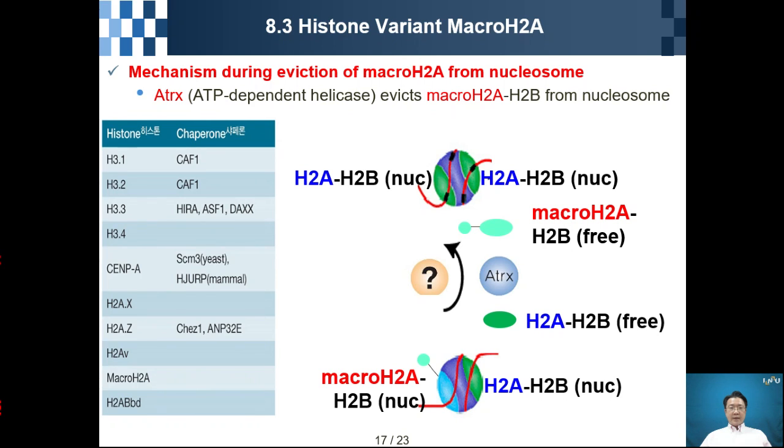So in this slide, I will explain the mechanism during the eviction of macro H2A from nucleosome. In the previous slide, we learned that each histone has a unique chaperone. However, for macro H2A, the unique chaperone is not identified yet.